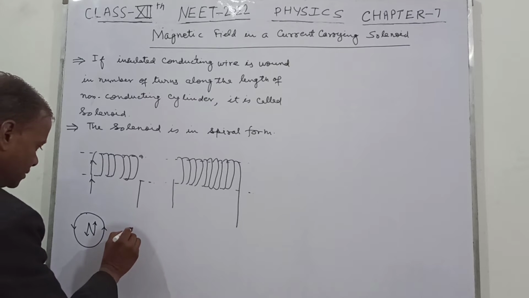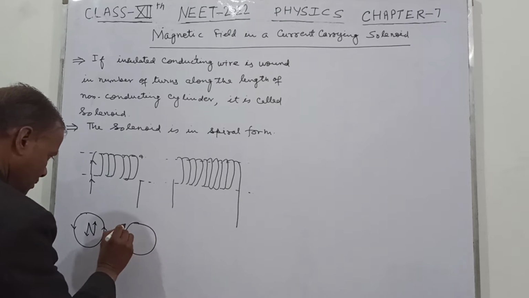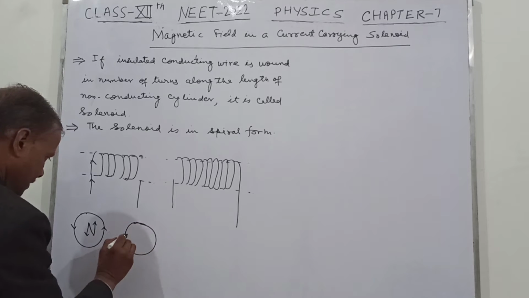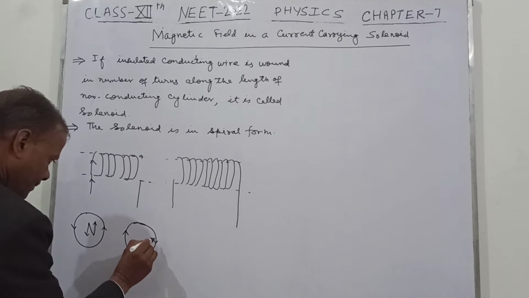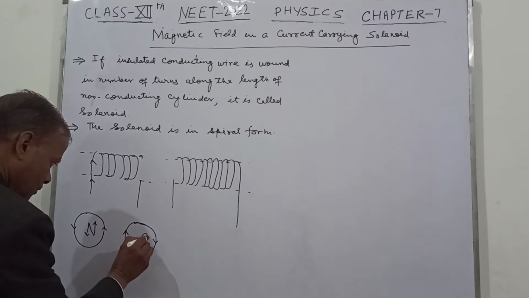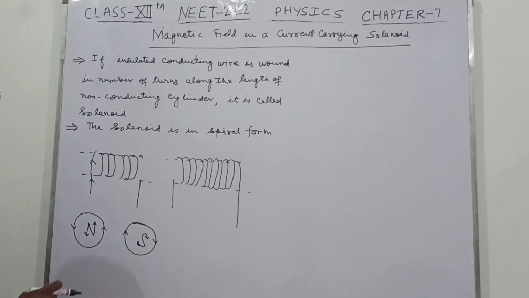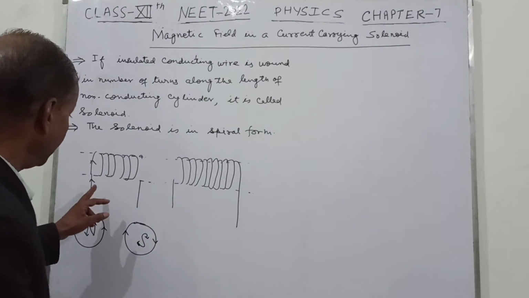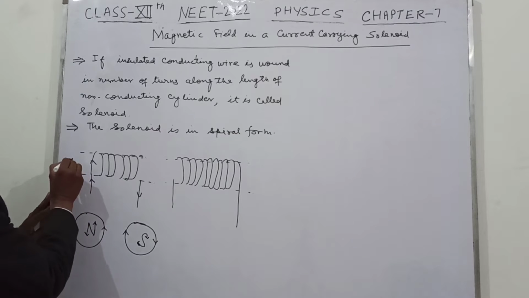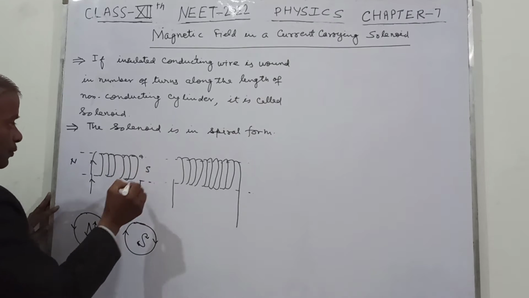So what we have here is like this, the current is in this way, then this is now your south pole. This is now the south pole in this way. So if we have the current in this direction here, then this will be the north pole and this will be the south pole.